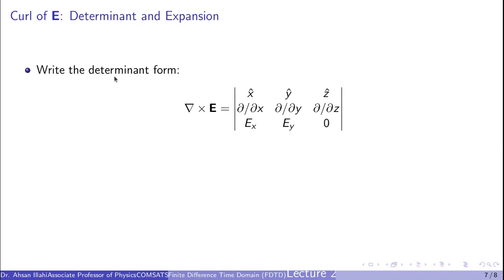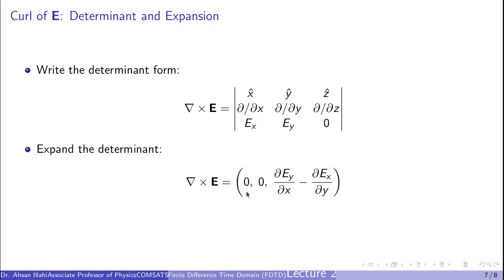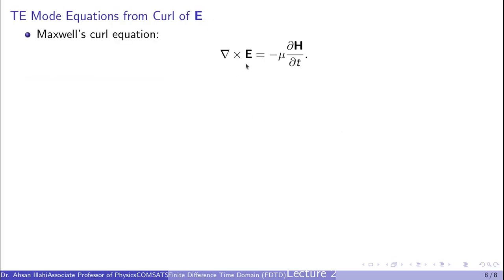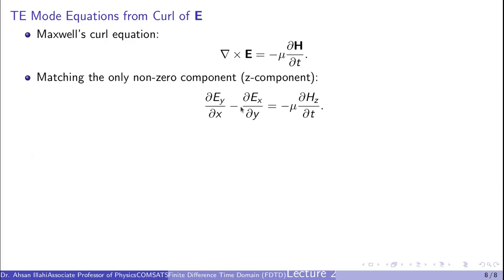Curl of E and final TE equations. Now we compute the curl of the electric field. Again, we write the determinant, but this time, because we are in 2D, all partial by partial z terms disappear. This makes the x and y components of the curl 0. The only survivor is the z component: partial Ey by partial x minus partial Ex by partial y. Maxwell's second curl equation says this must equal minus mu partial H by partial t.